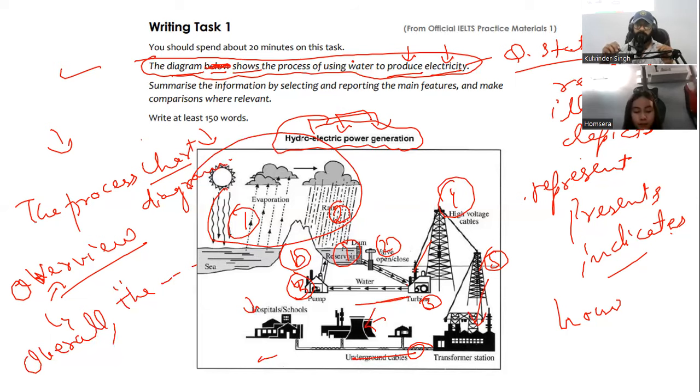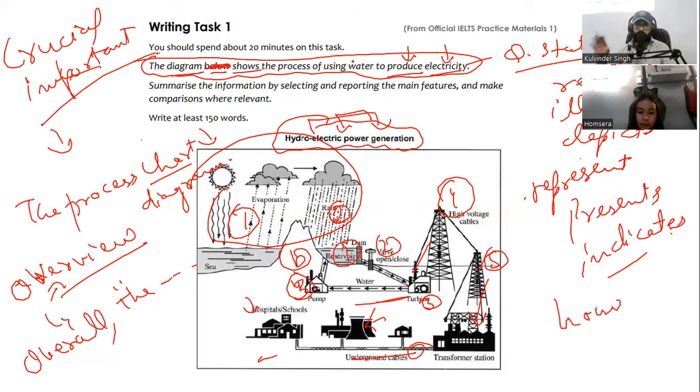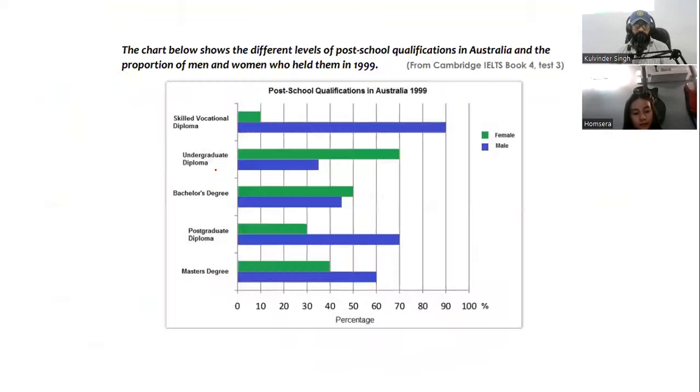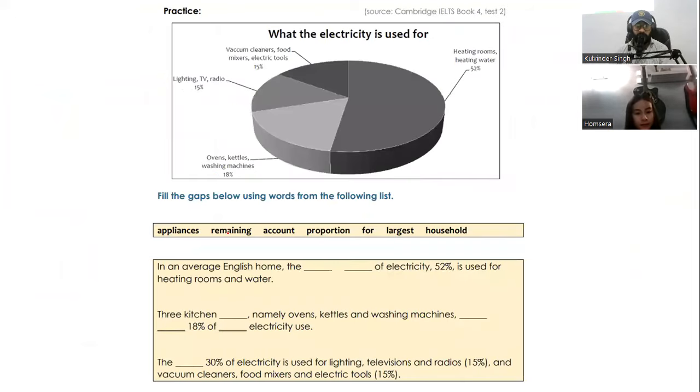So this becomes: "Overall, the entire process is divided into 8 crucial stages." Crucial is a synonym for important here. Clear? And then you can put a full stop there.